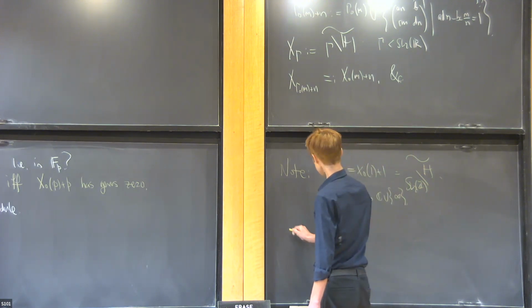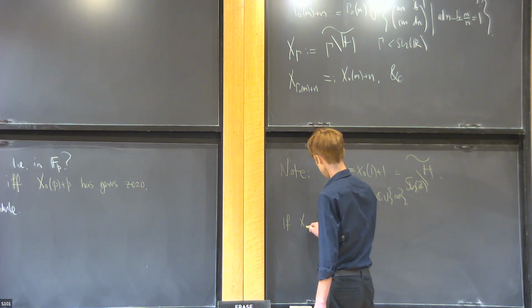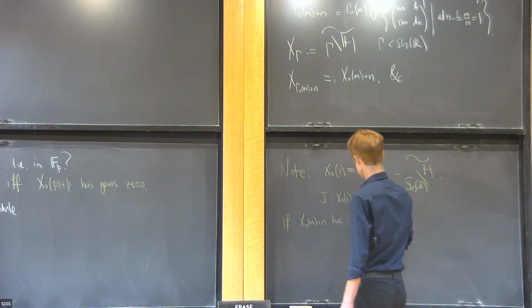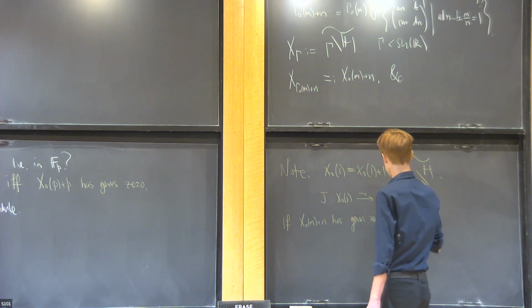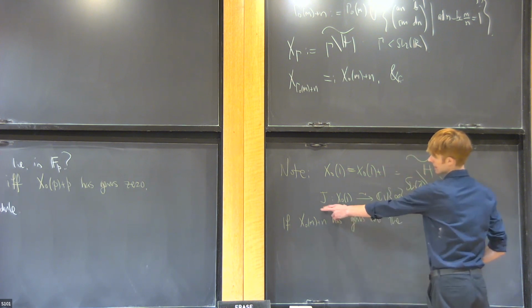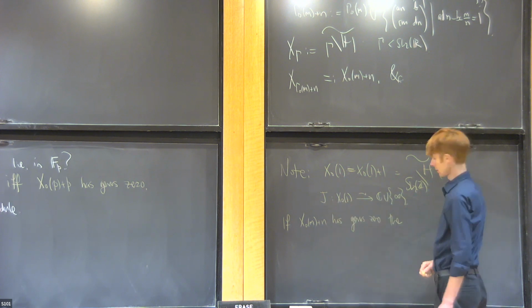And for any other genus 0 curve, say X naught n plus n, there exists a uniquely determined counterpart to the J function.